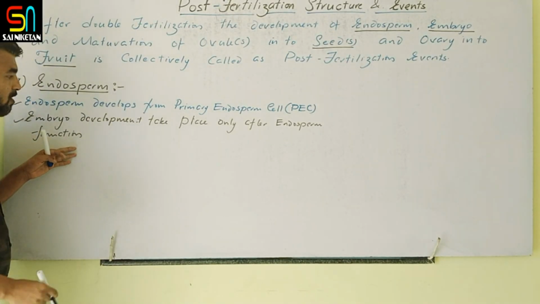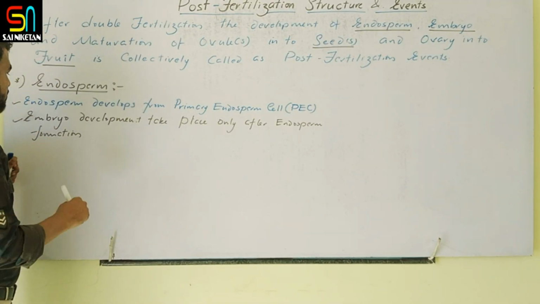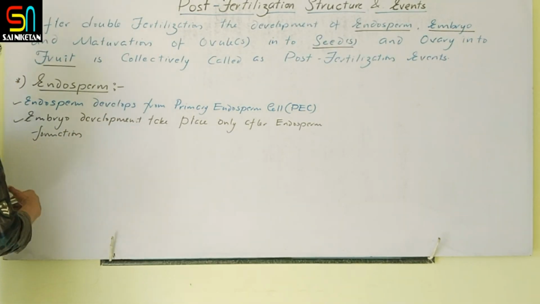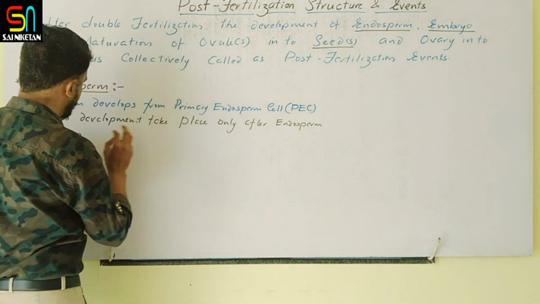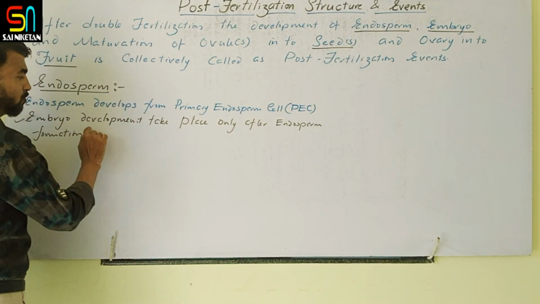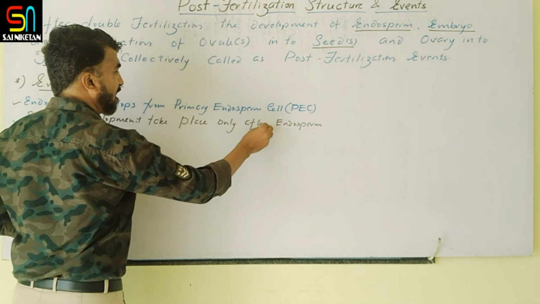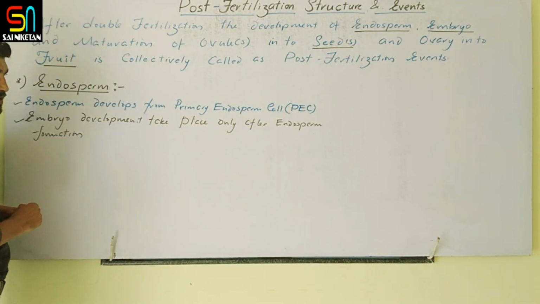So try to understand this. In the textbook, the endosperm formation precedes the embryo formation. So until and unless the endosperm is formed, embryo development will not take place. That's why embryo development takes place only after the endosperm formation.